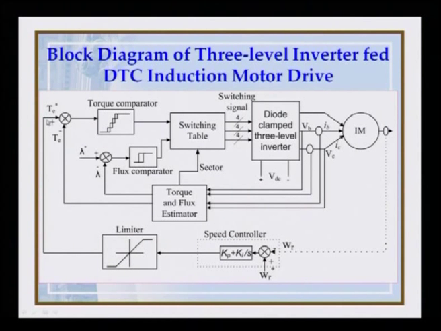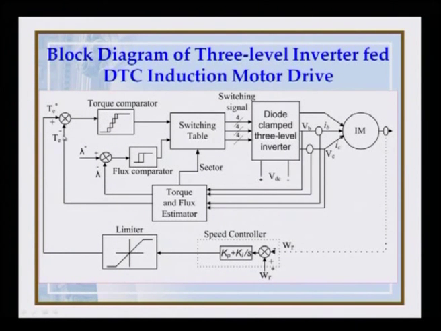So, this torque reference T E star is compared with the actual torque, and the actual torque is obtained from a torque and flux estimator. So, how can we estimate the torque and flux? We will see it later. And this feeds to a torque comparator, a hysteresis comparator.